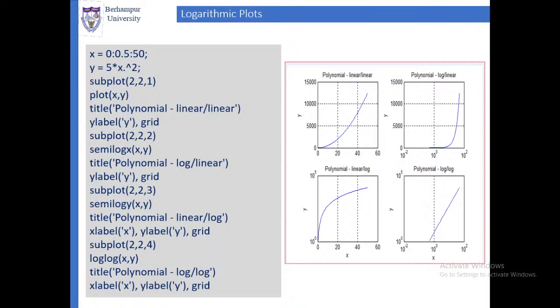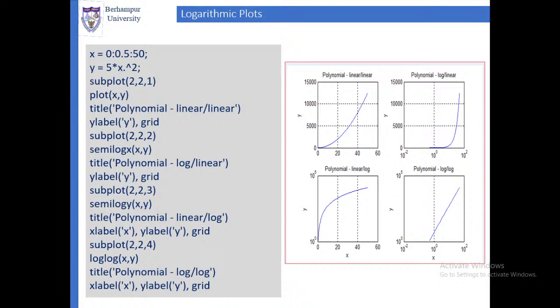So here the y-axis is linear and the x-axis is semilog. Then the third one is subplot(2, 2, 3).